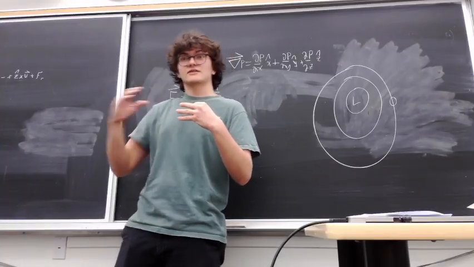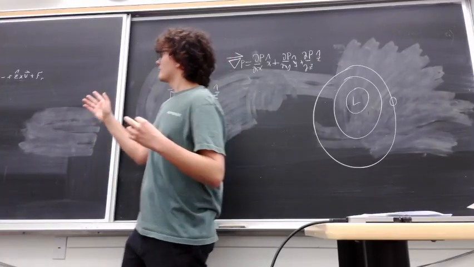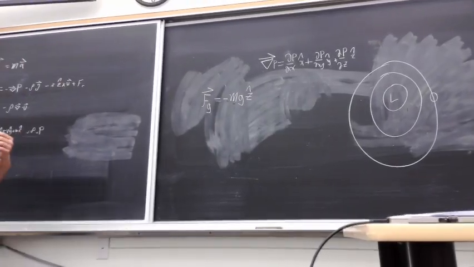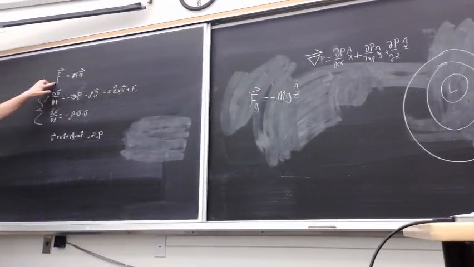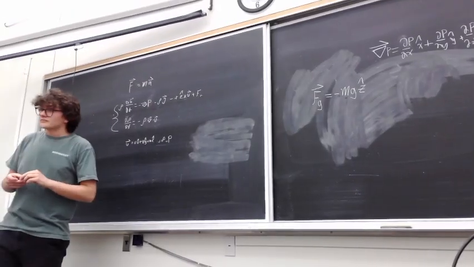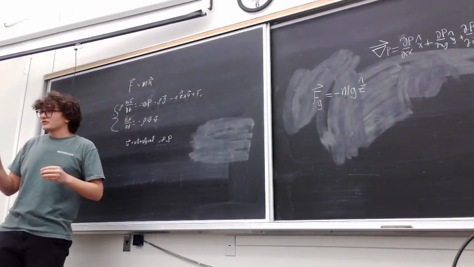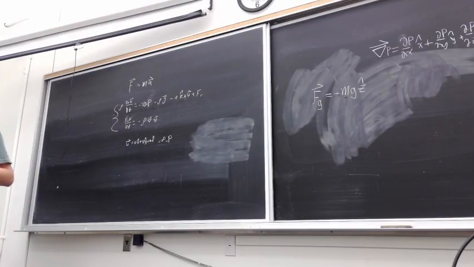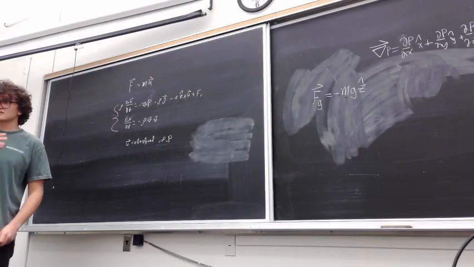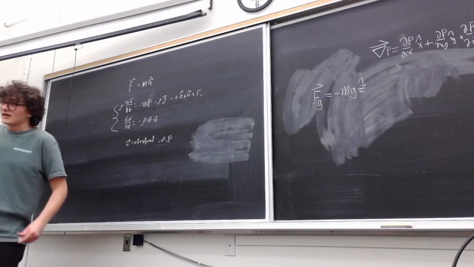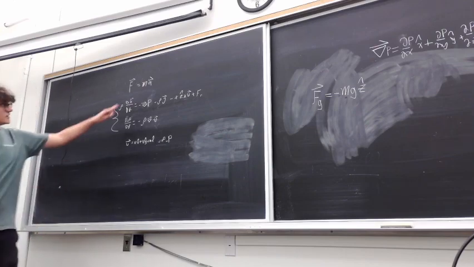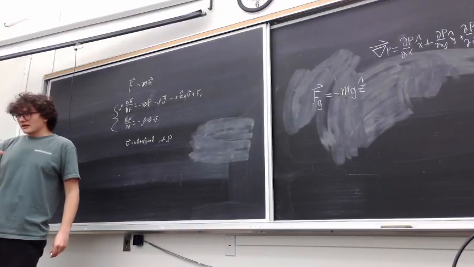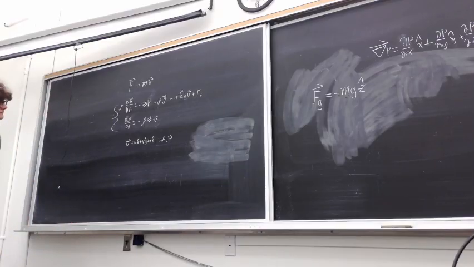If you're accelerating, that will add complications because there will be extra terms in the force, fictitious elements to the forces which you see the thing as having. This is why you want to write F equals ma in an inertial reference frame, which is not accelerating.